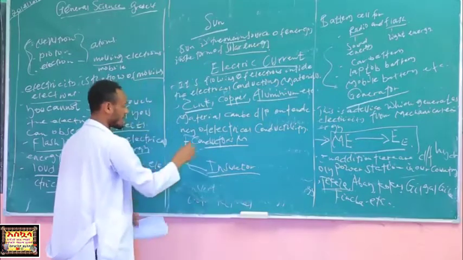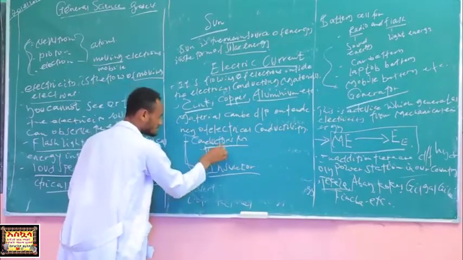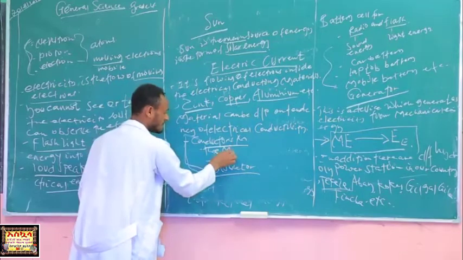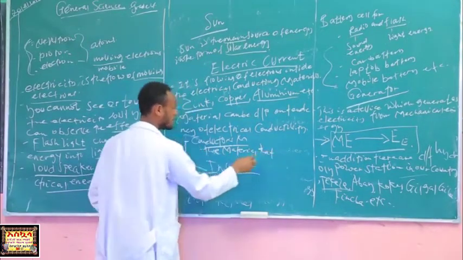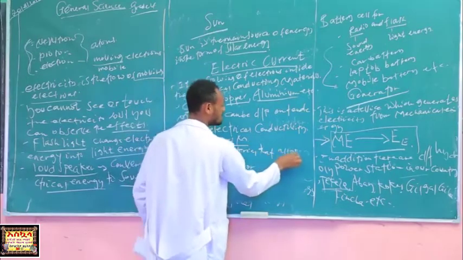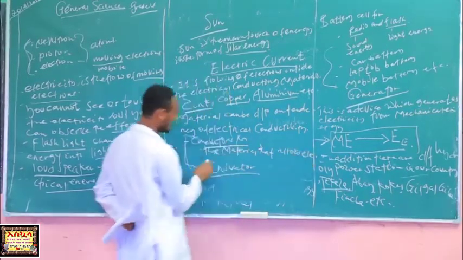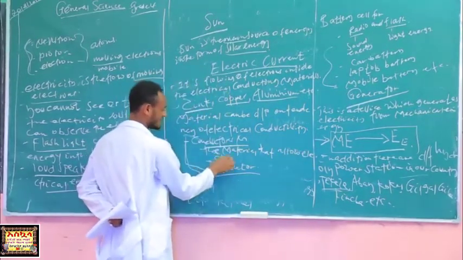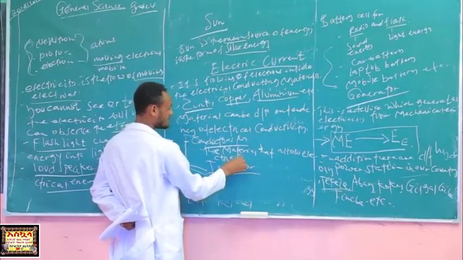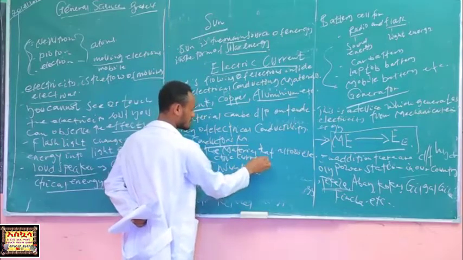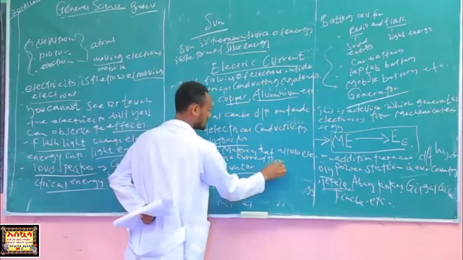Good. Conductors are the materials that allow electric current through them.